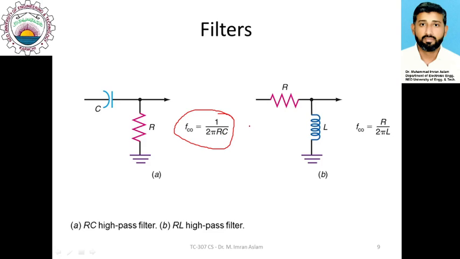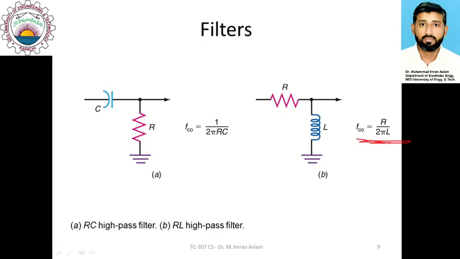Similarly, we can get the high pass response by using an RL circuit as well. If we use a resistance and an inductor in this voltage divider configuration, we can have a high pass response for an RL filter.